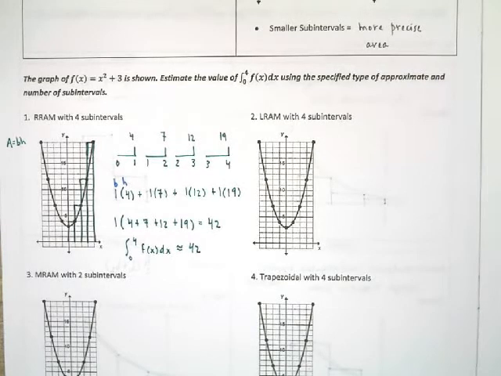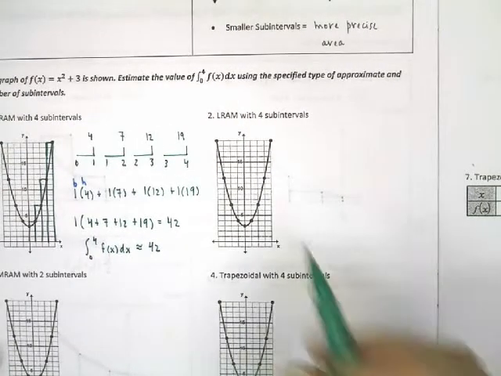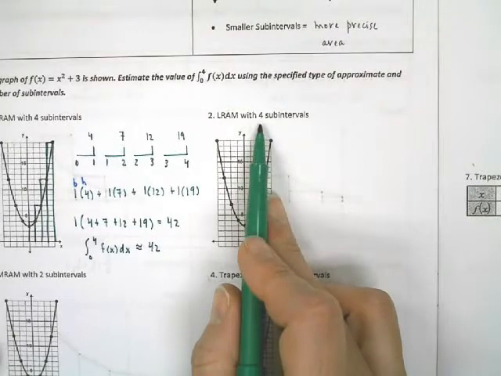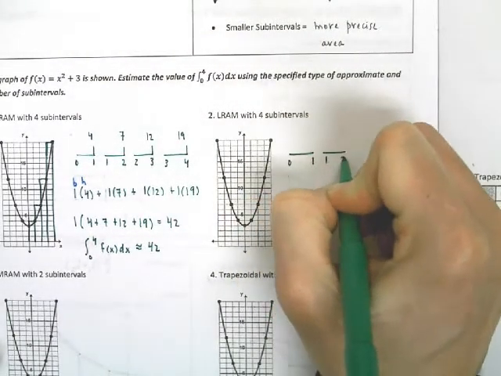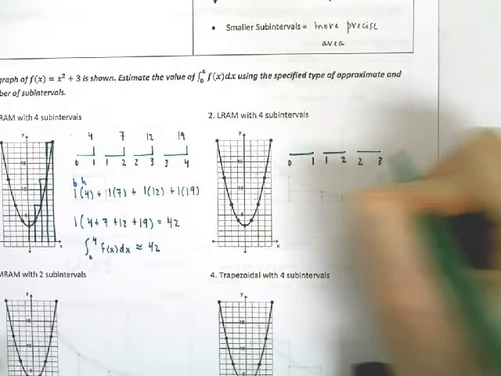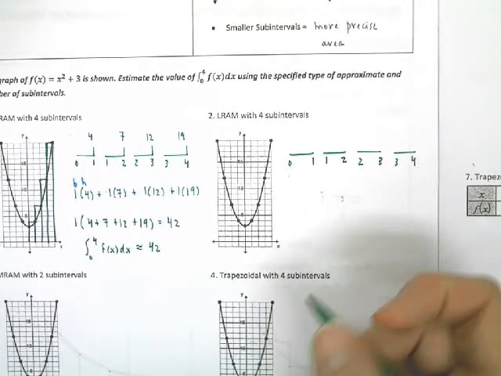Okay, so now we're going to go through the other 3 methods, but a lot of the work is going to look the same. So again, now I'm using LRAM. I have 4 subintervals again, so that's going to be 0 to 1, 1 to 2, 2 to 3, and 3 to 4. If I were asked to graph it, I start at 0.